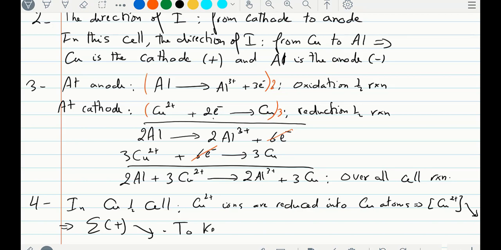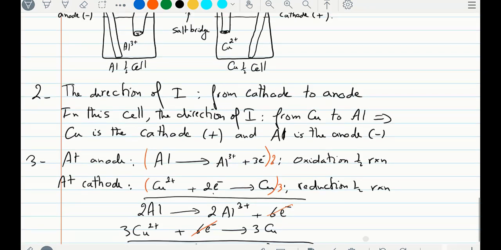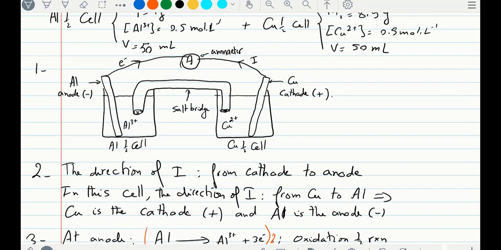To keep the charge balance, we have in the salt bridge an electrolyte, for example K+ and NO3- or Cl-.